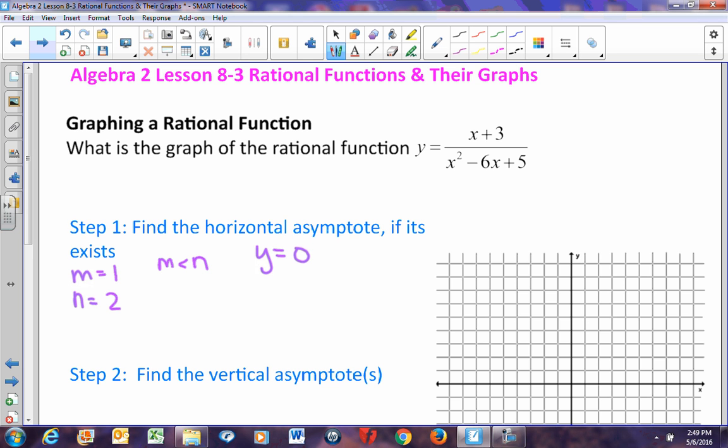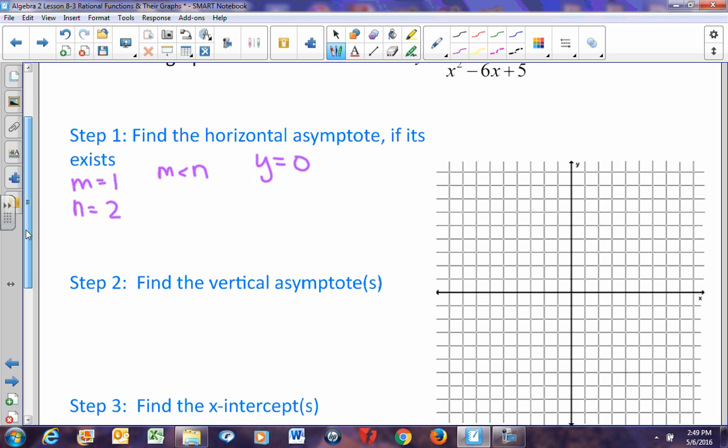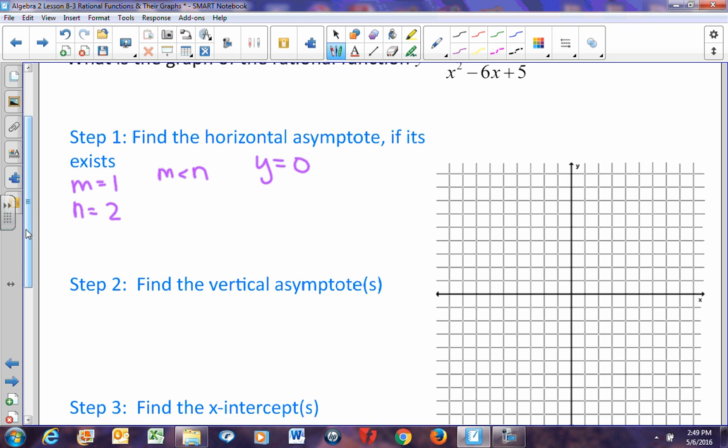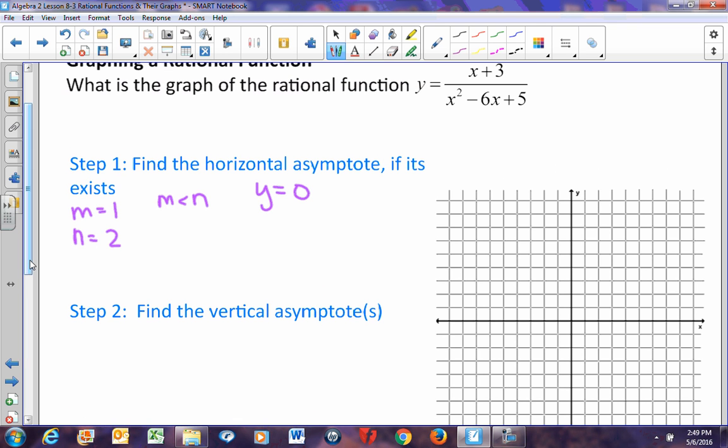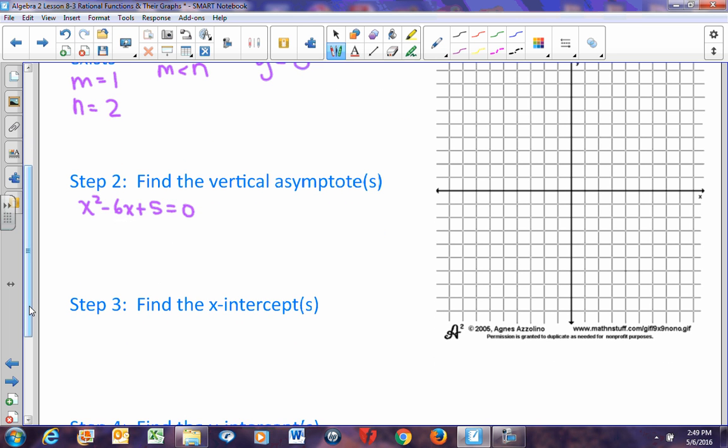Step 2, find the vertical asymptote or asymptotes. Remember, you only have one horizontal, but you can have a lot of vertical asymptotes. To find the vertical asymptote, I have to factor it. I have to set my denominator equal to 0 and solve it. So in my original equation, I have x plus 3 over x squared minus 6x plus 5. So x squared minus 6x plus 5 has got to be set equal to 0. And so to do that, I have to factor it.